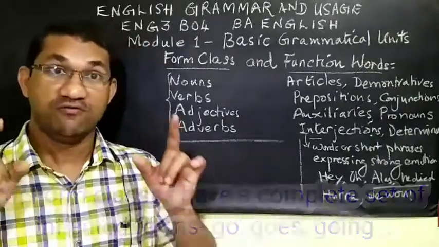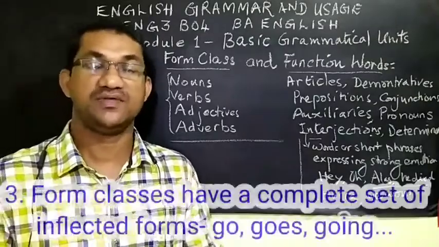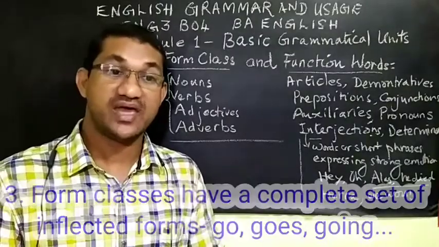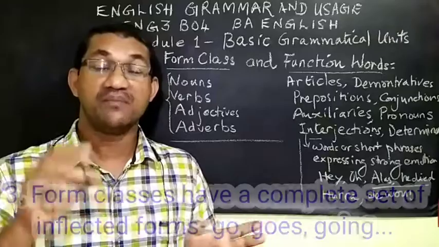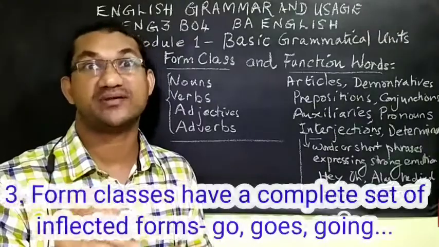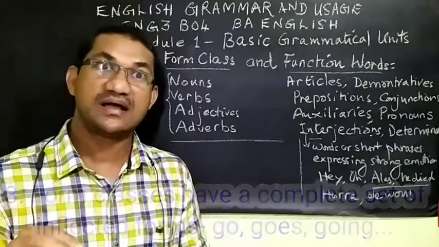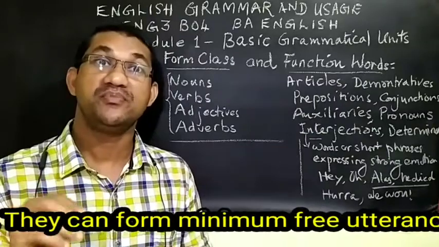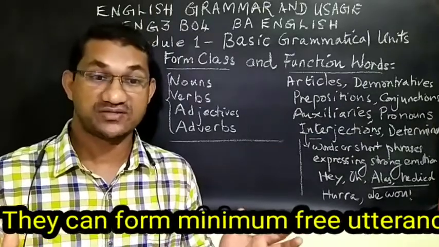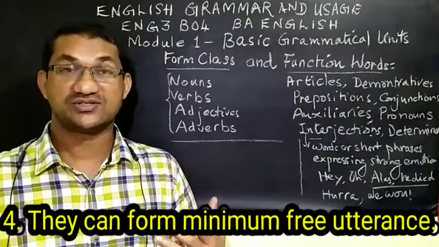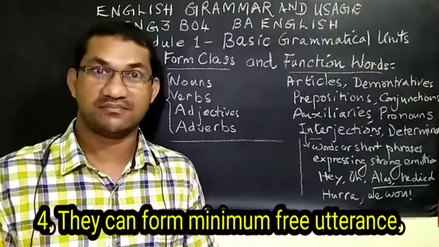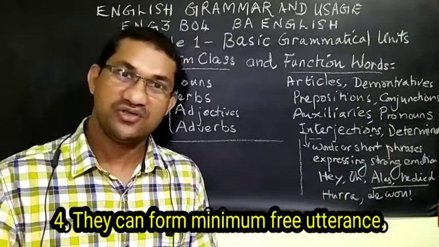Now we look at the fourth aspect of form classes. They can form minimum free utterances. For example, we can just say come, come here.